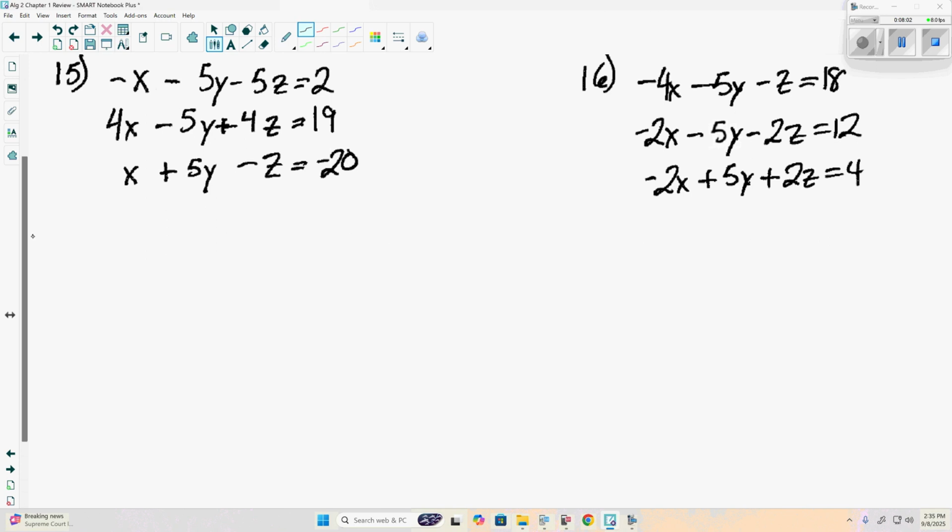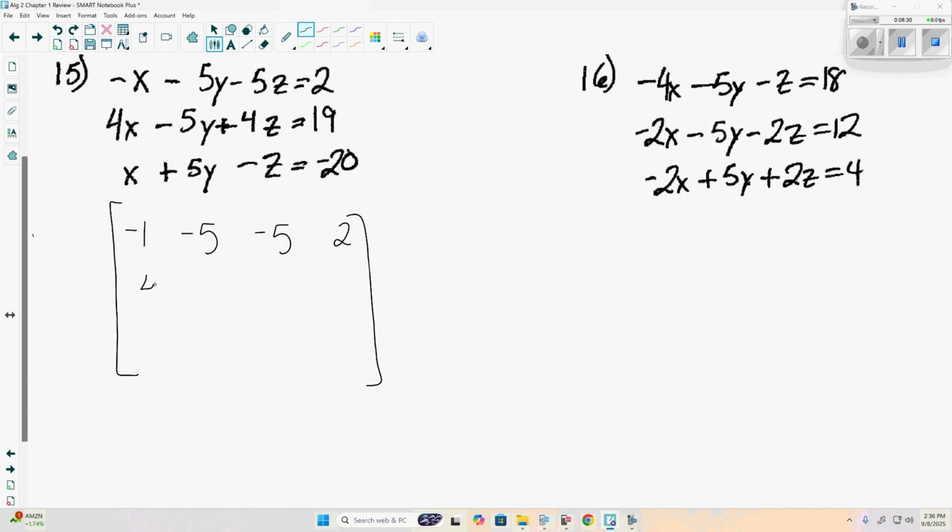Now we'll look at this here using the matrix or using the calculator. Because to do that, we first got to write the augmented matrix. And to write that, we need to make sure each equation is in the form x, y, z. All three are. So we're going to take the coefficients. The number in front of our first x is -1, -5, -5, 2.